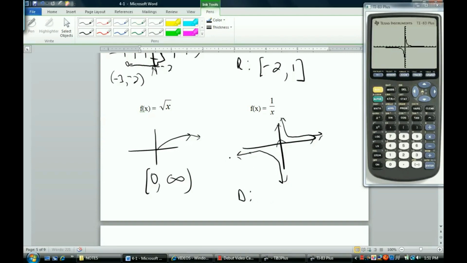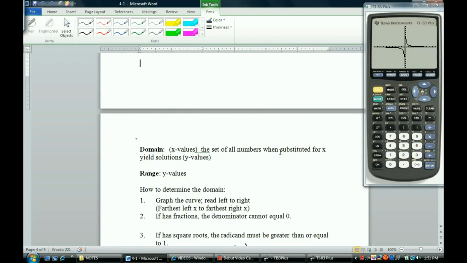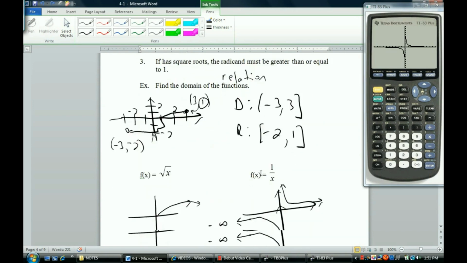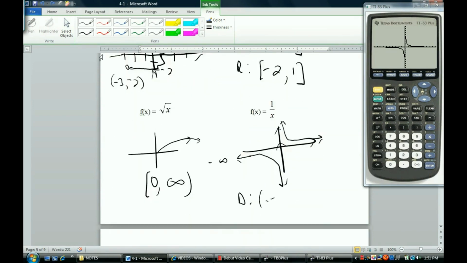So if we go from the start from the left like we always do, it is coming from negative infinity, which we always use parentheses for infinity. Just make our infinity symbol correctly. So it comes from negative infinity, and it gets closer and closer and closer to 0.